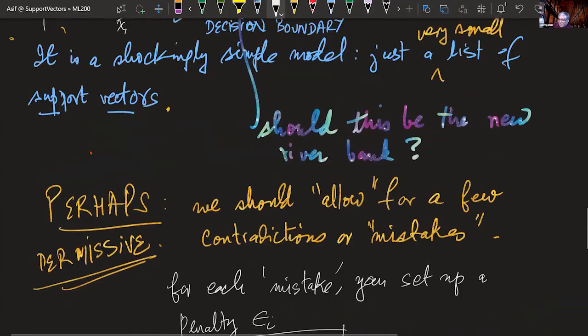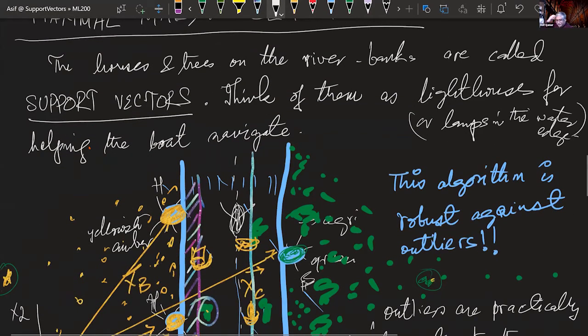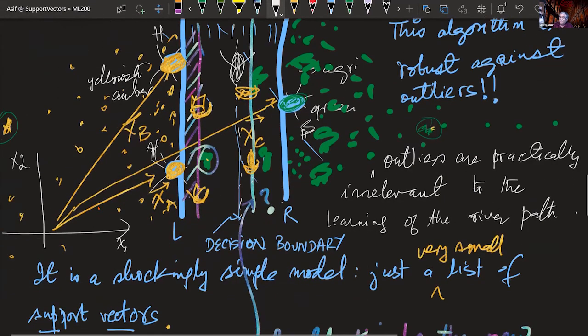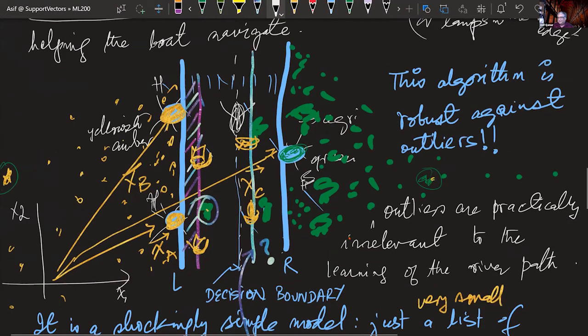Before we take the break, can we review and make sure that we understand maximal margin hyperplanes? Maximal margin hyperplanes is the search for the widest river that you can flow through the data, or the search for those two hyperplanes that will give you maximal separation between the two classes, houses and, let's say, trees. The decision boundary will be the median going between the two hyperplanes, and so is itself a hyperplane. One good quality about this class of algorithms is that it is very robust against outliers.